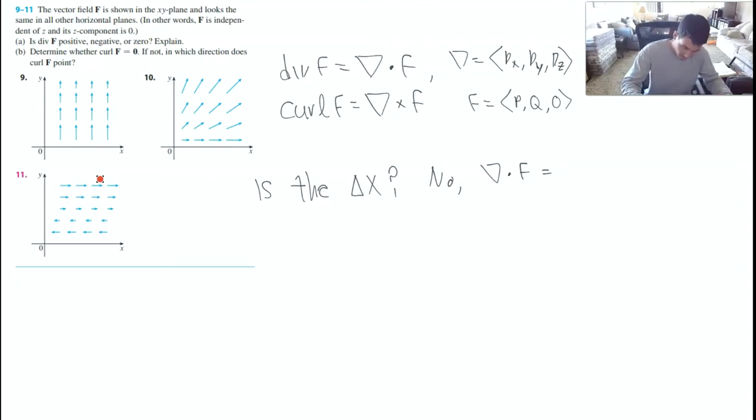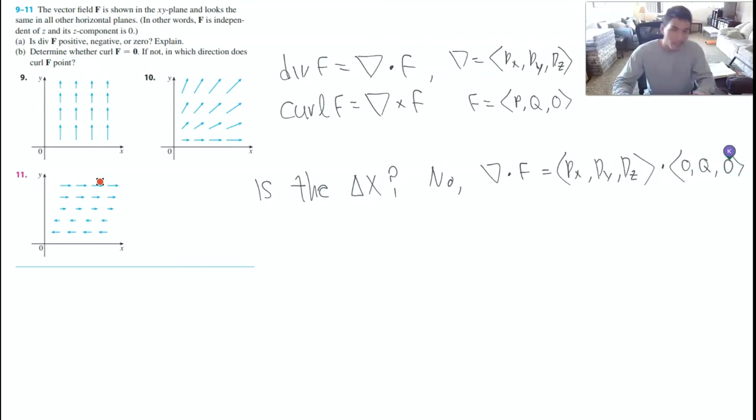It would be dx dy dz vector dotted with only 0, q, and instead of r, it's 0. So it's just q dy, which is qy.